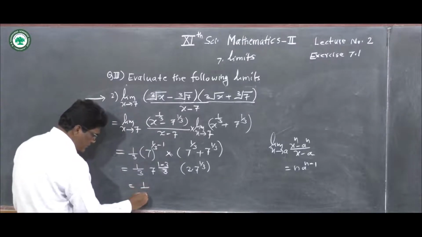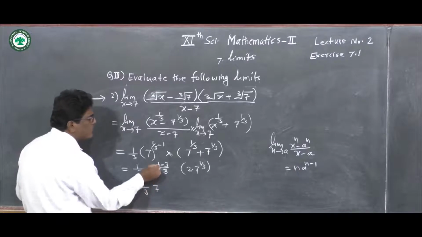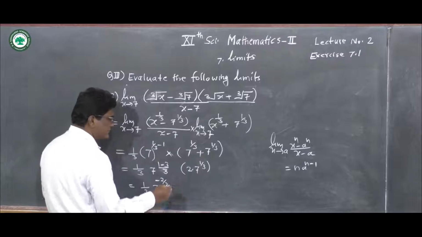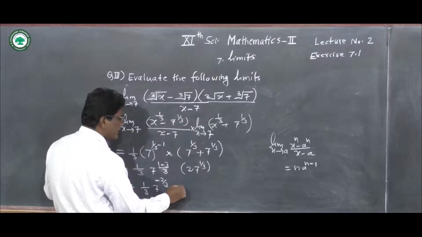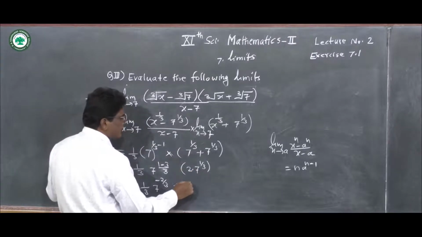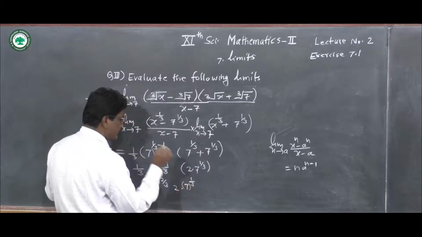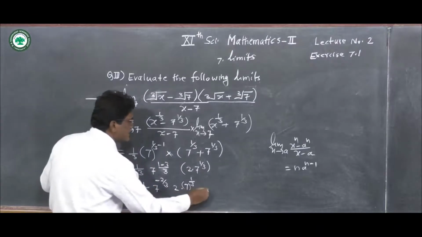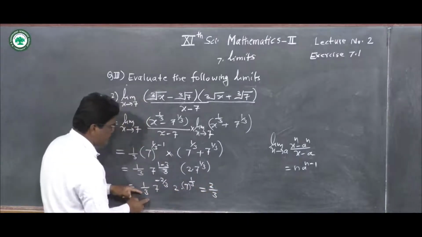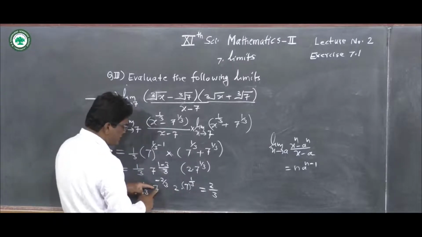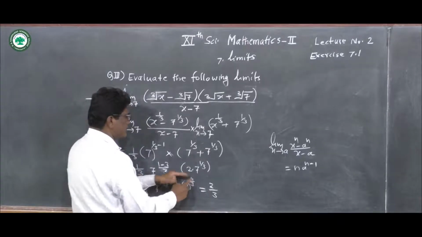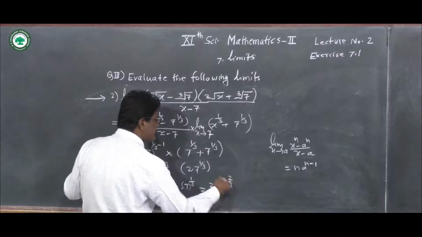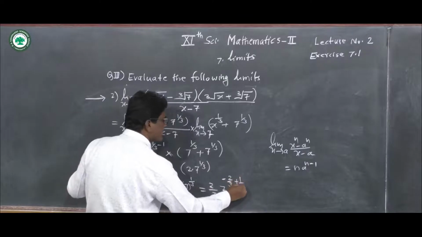So it is equal to 1 by 3 into 7 to the power minus 2 by 3, and this 2 into 7 to the power 1 by 3. 1 by 3 into 2 is 2 upon 3. We write 7 to the power minus 2 by 3 plus 1 by 3.